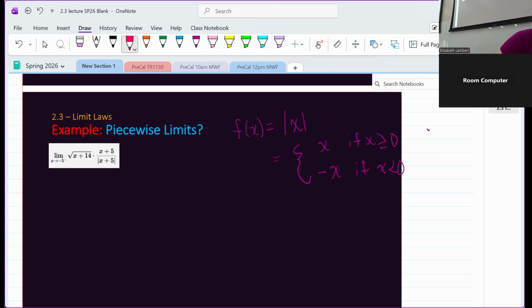So evaluating the limit here. I'm going to break that limit across all three of these functions. So I've got the limit as x approaches -5 from the left of the square root times the limit on top.